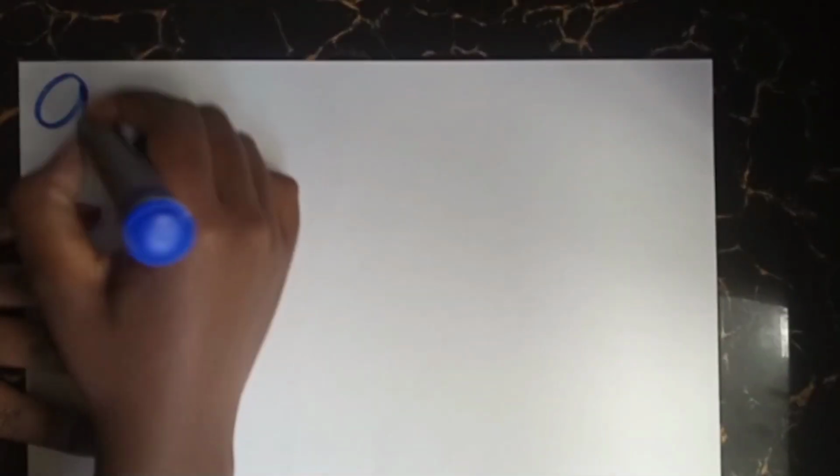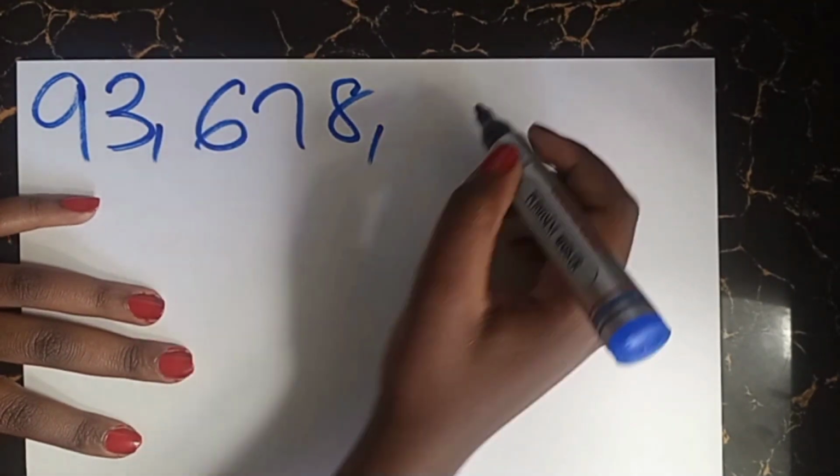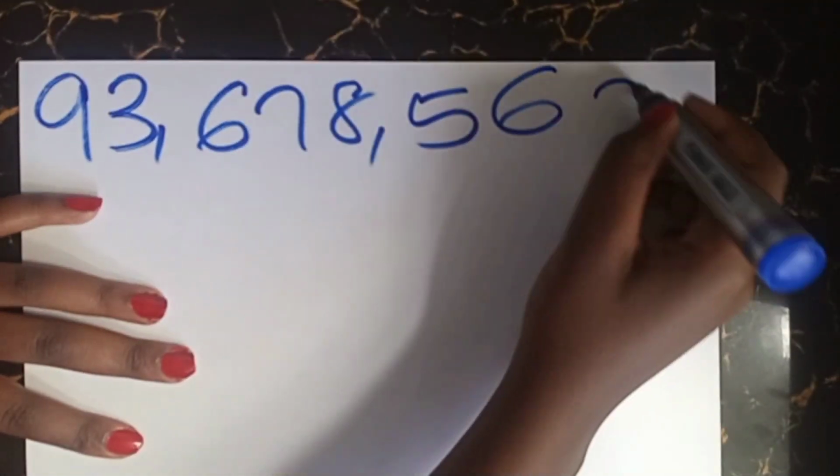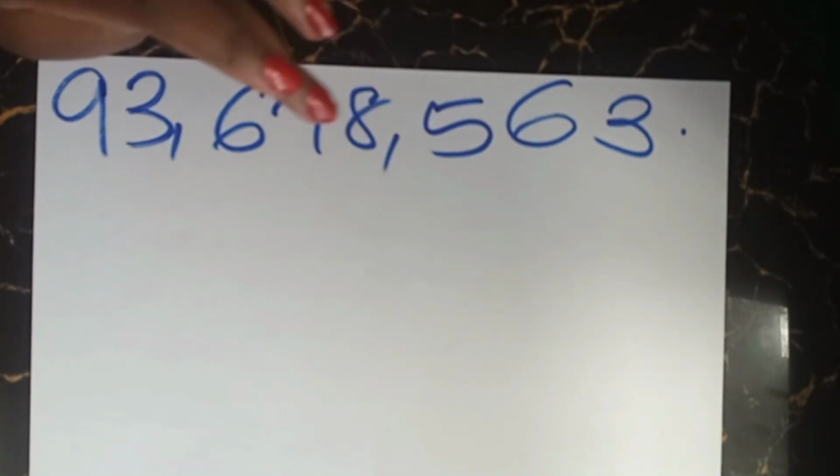Newspaper B rounded off this same number to the nearest 10,000. So where is 10,000 here? Ones, tens, hundreds, thousands, 10,000s.